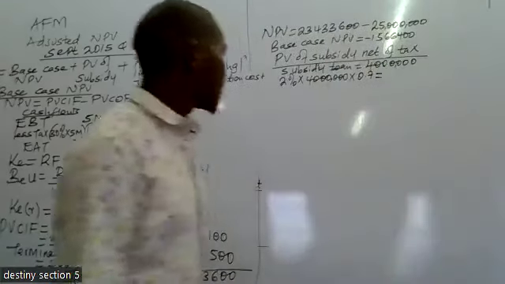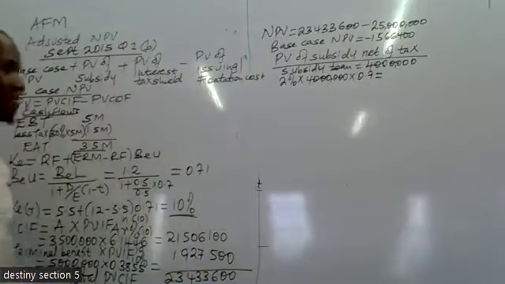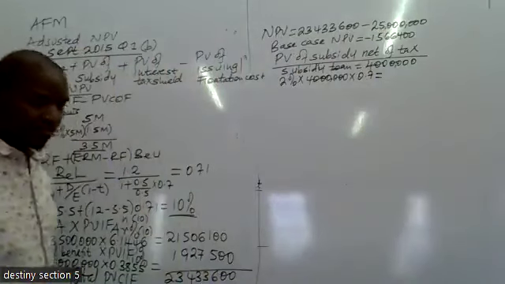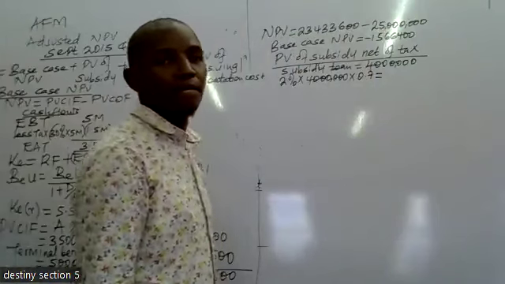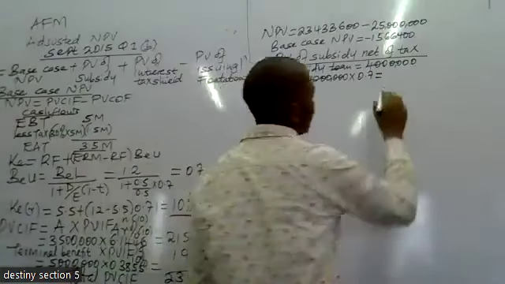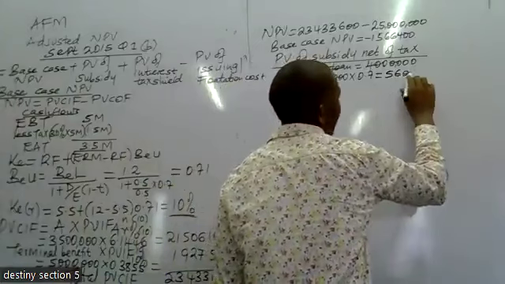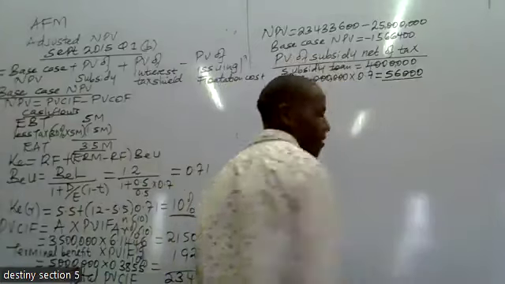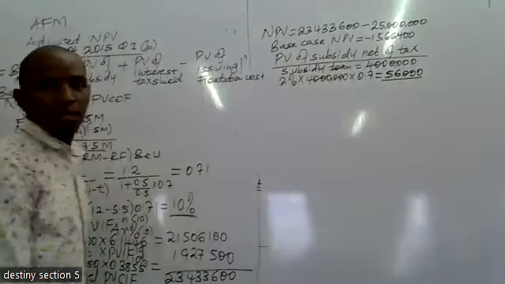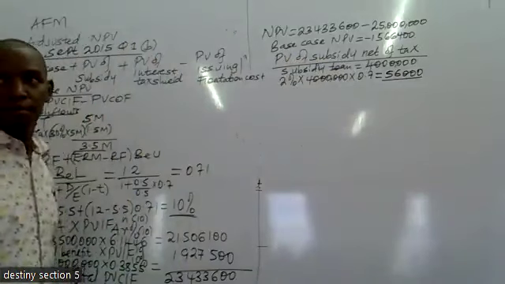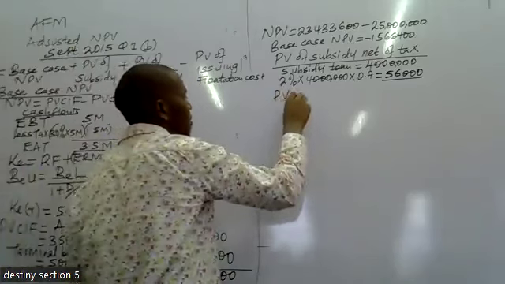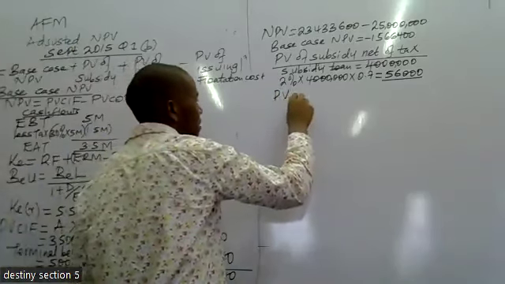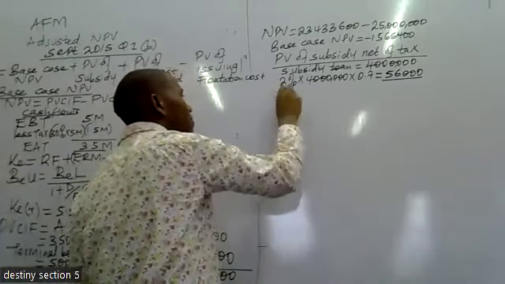So what will be our subsidy benefit? 56. That is now the cash flows from that subsidy. What we want is the present value.